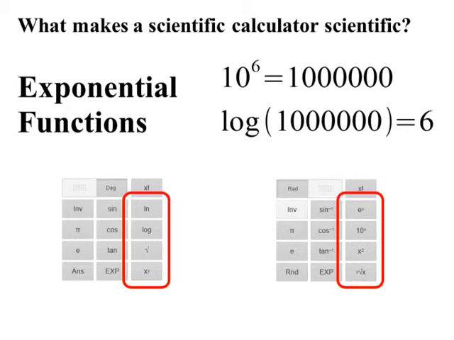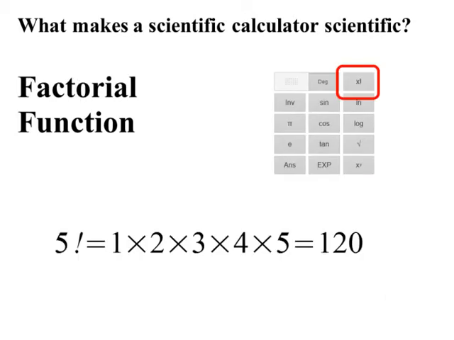The trig and exponential functions are the big ones. But while we are here, let's take a quick look at a couple more. Factorial functions. See the exclamation in the corner? That doesn't mean you should exclaim the letter X loudly. It stands for x factorial. A rather odd concept, but one that does come in handy when doing probability problems.